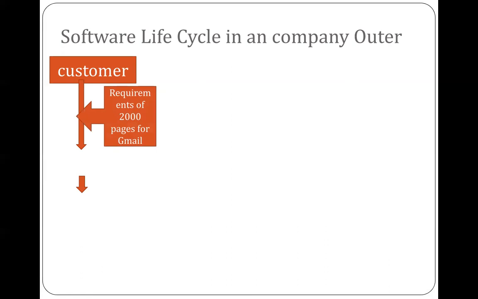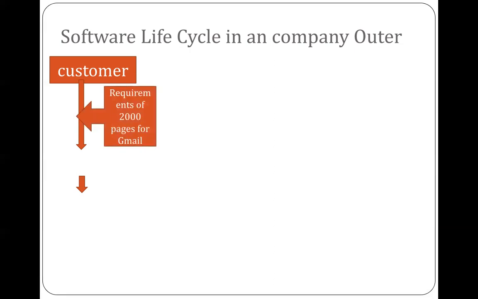Let us take an example. A customer has a requirement for developing a mailing system like Gmail. He has 2000 pages of requirements.